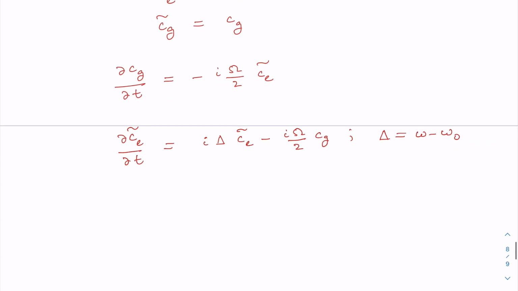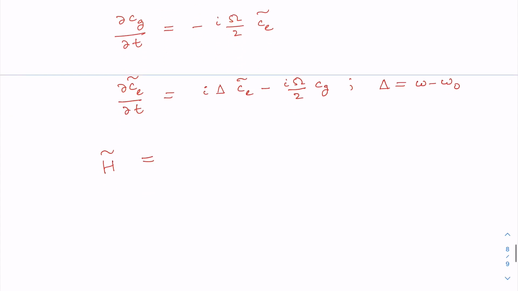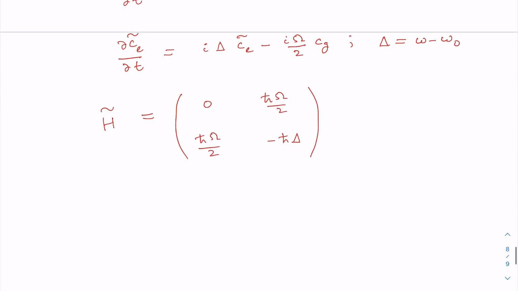And now in the transformed frame, the Hamiltonian in matrix form takes this form: 0, h cross omega by 2, h cross omega by 2, minus h cross delta. As you can see, the time dependency is no longer there.